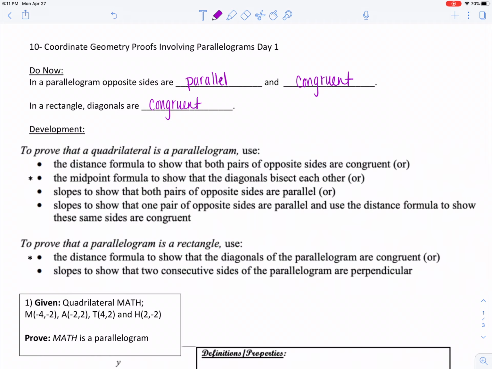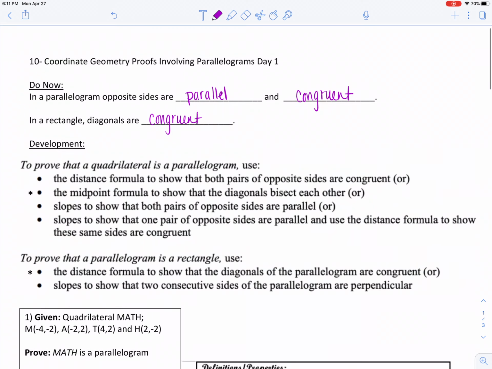So I cut out just the two sections that we'll be looking at today from what I put in yesterday's notes. To prove that a quadrilateral is a parallelogram, there are 4 different methods. We could, for the first bullet, use the distance formula to show that both pairs of opposite sides are congruent.